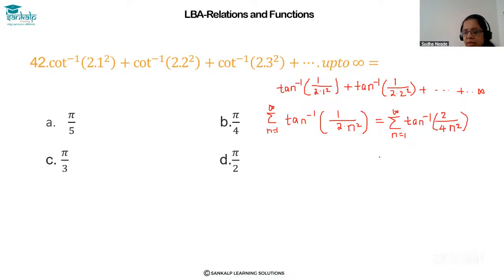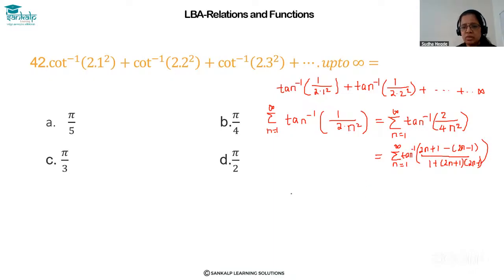Okay, so that can be written as summation n is equal to 1 to infinity tan inverse of 2n plus 1 minus 2n minus 1, whole divided by 1 plus 2n plus 1 into 2n minus 1.